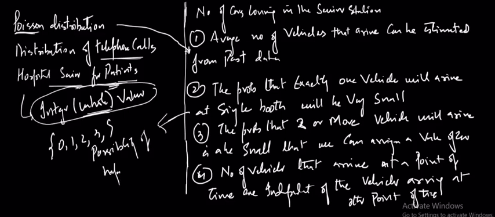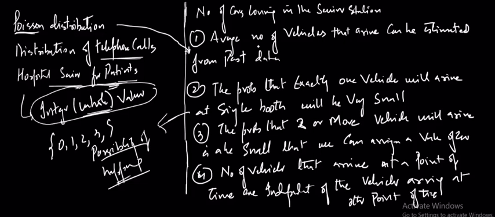We are not looking at the possibilities of non-happening. As in the binomial distribution, we looked at both the possibility of happening as well as non-happening, but in this case we just look at the possibility of happening.